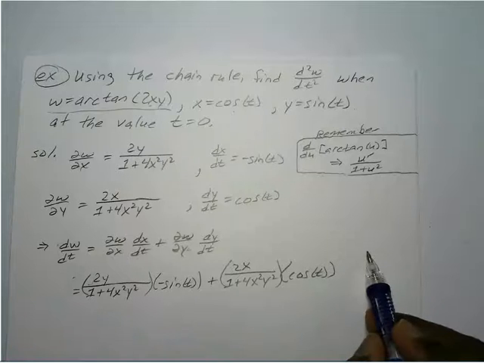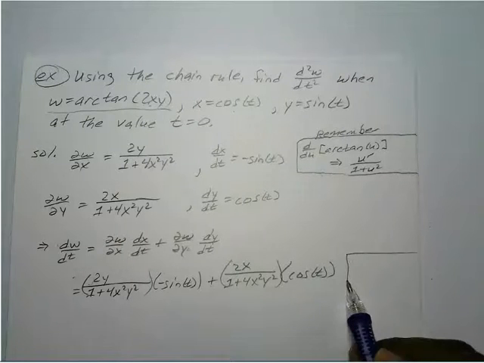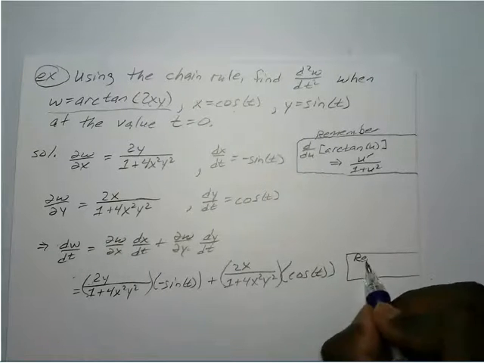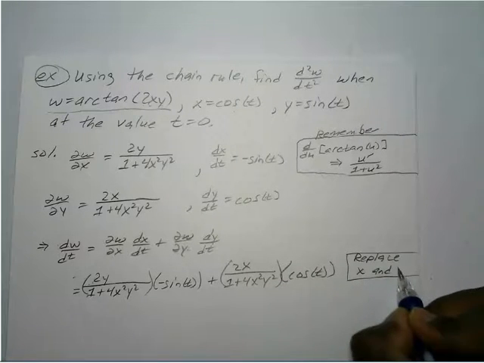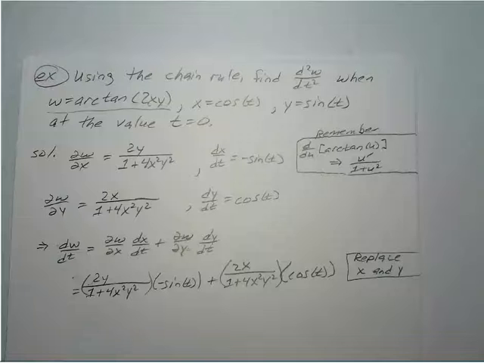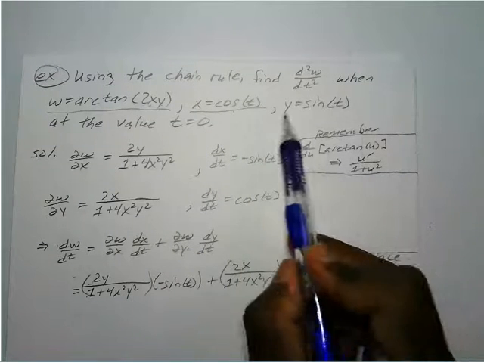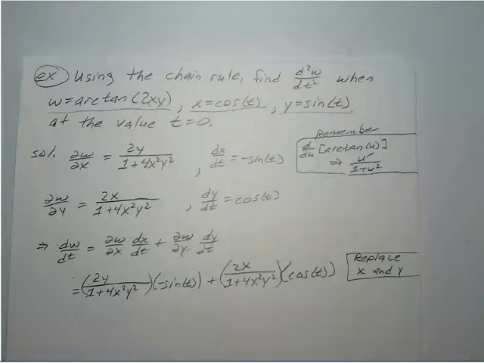All right. Now, what we want to do here is replace our x and y. We see here that x is equal to cosine of t and y is equal to sine t.